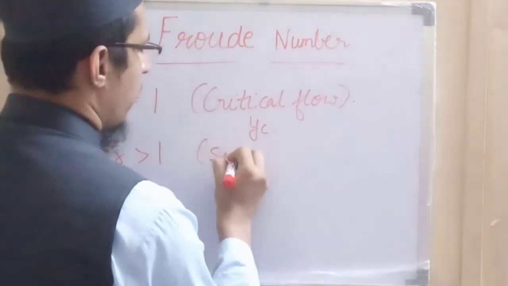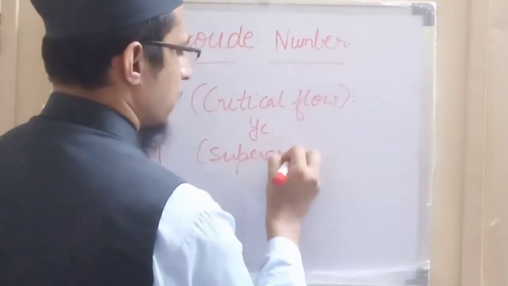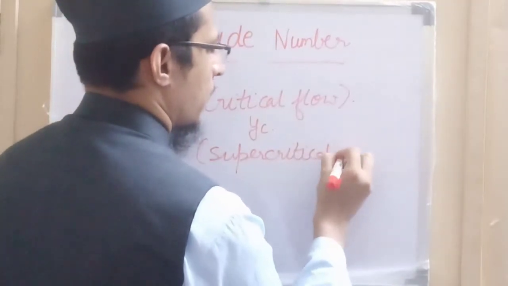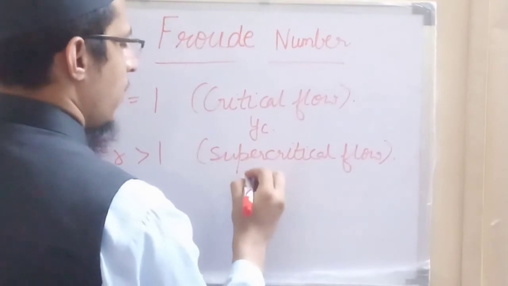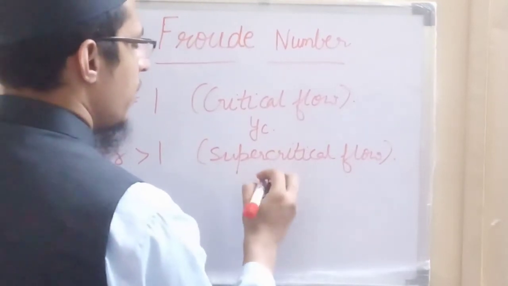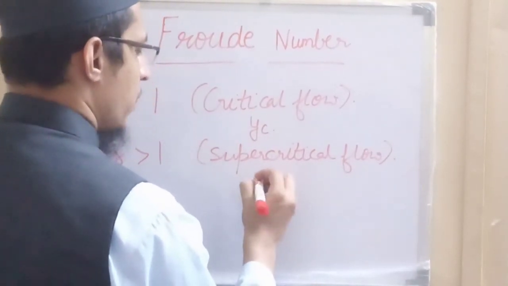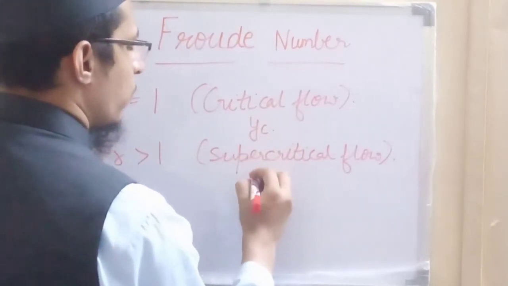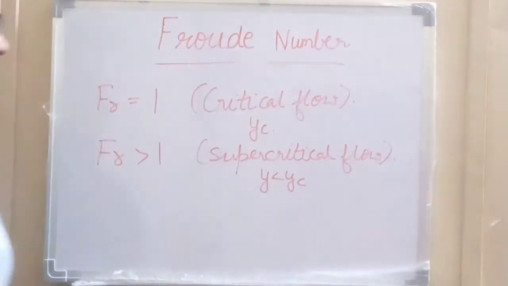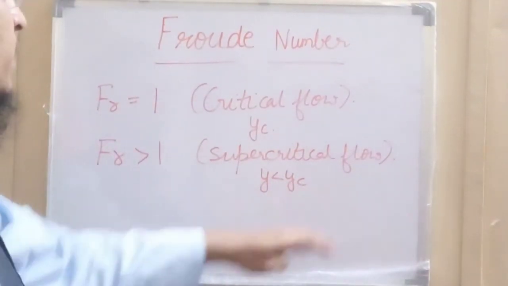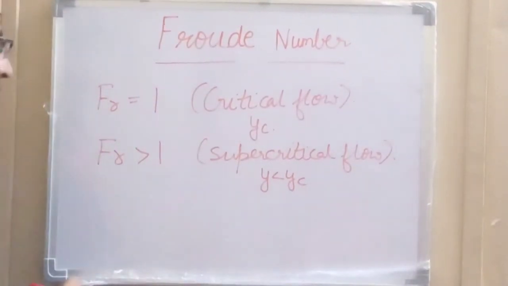So in supercritical flow, we have higher velocity, and the depth is lower than critical flow. So y will be less than yc. The depth of flow will be less than critical flow depth.